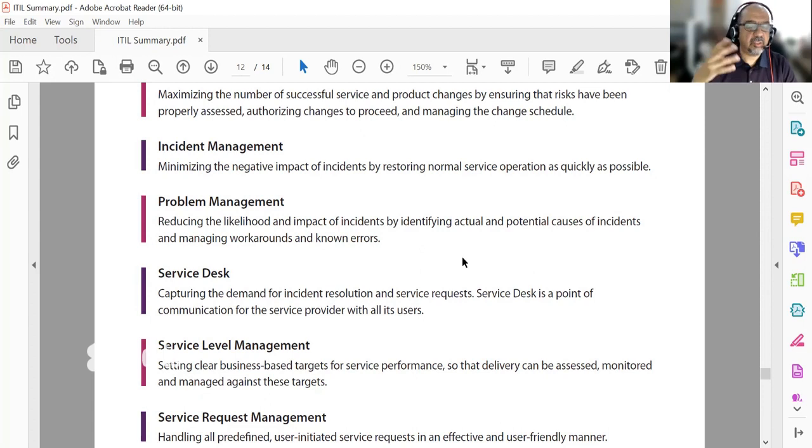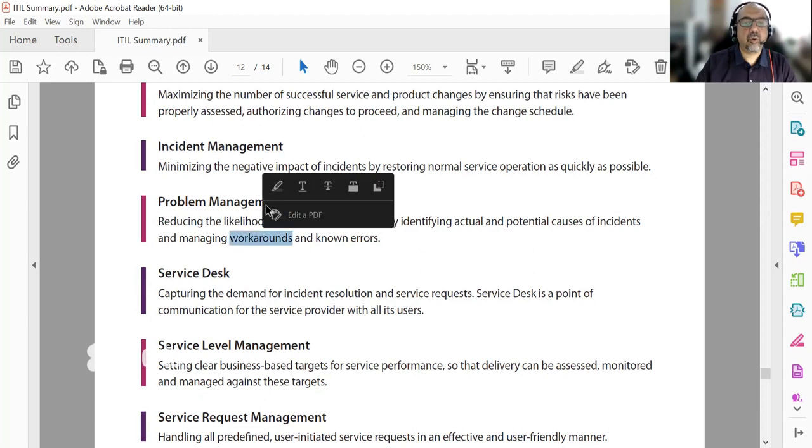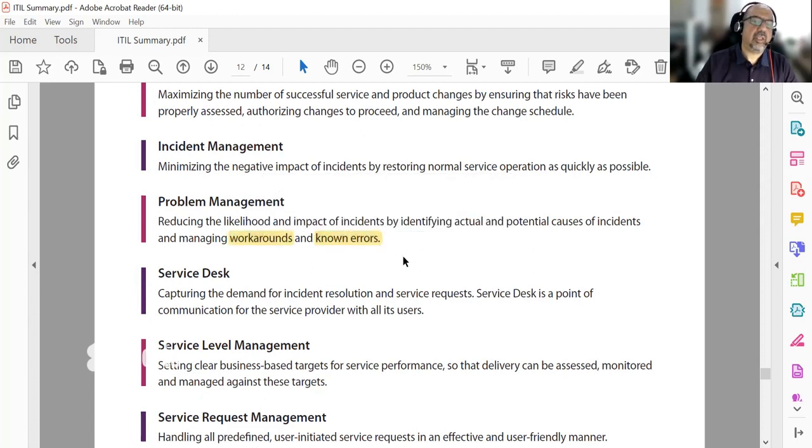So it's a reactive, proactive approach in problem management. So we will identify actual and potential causes of incidents. Then we will manage workarounds and known errors. In problem management, we have three phases of problems. I mean, dealing with problems.